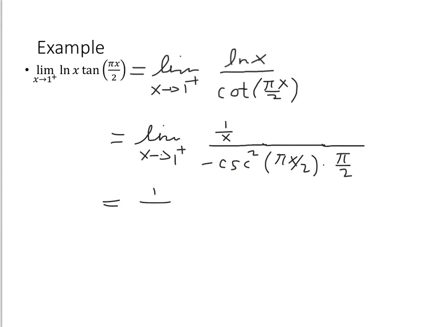So that's 1 over minus pi over 2. But when the dust settles from that, we just get minus 2 over pi. And that's the value of the limit. And you can see here that that would be very difficult, if not impossible, to evaluate if you didn't know anything about L'Hopital's rule.